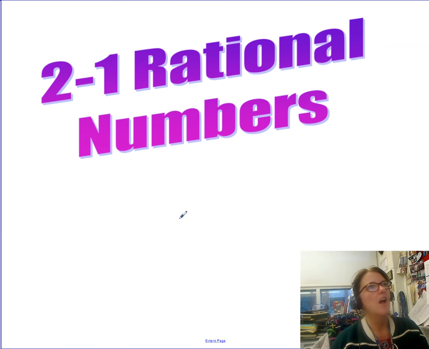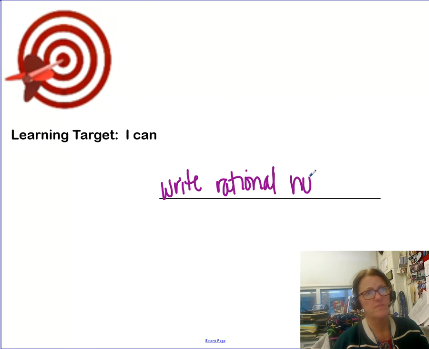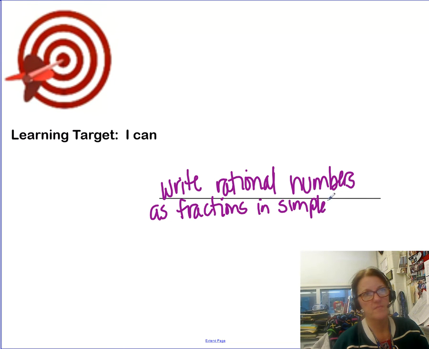All right, so here we go with your notes. Your learning target today is that I can write rational numbers as fractions in simplest form and as decimals.